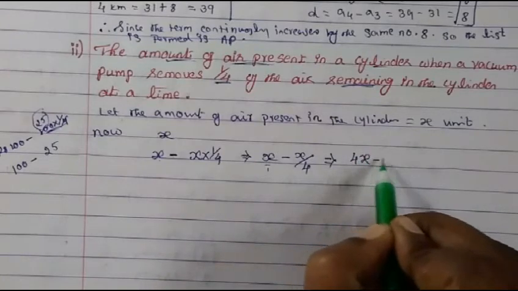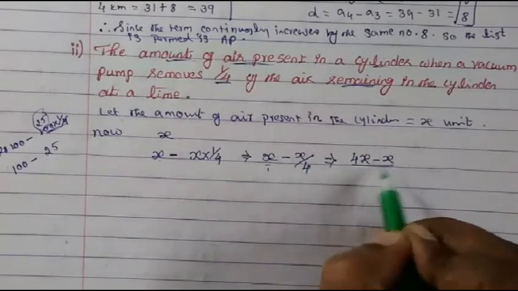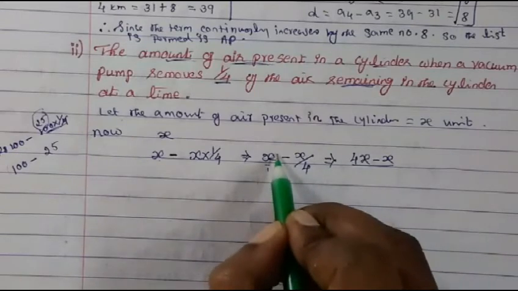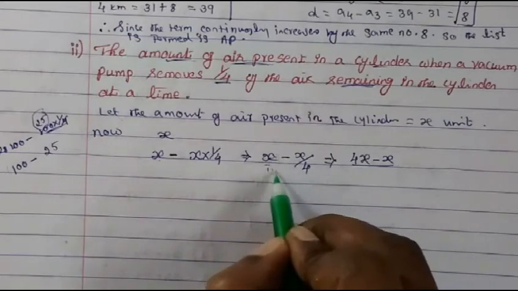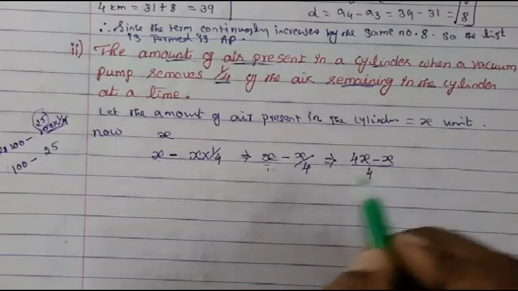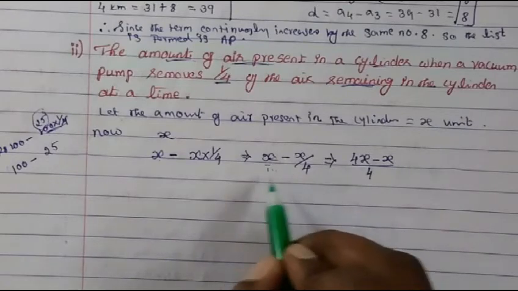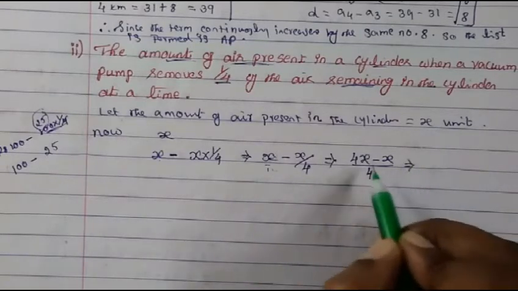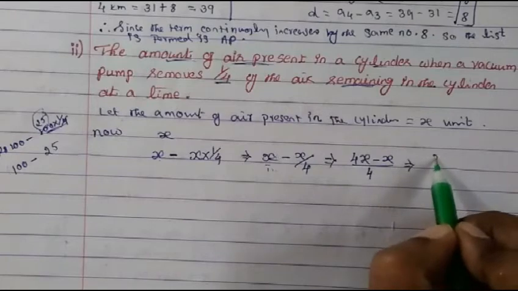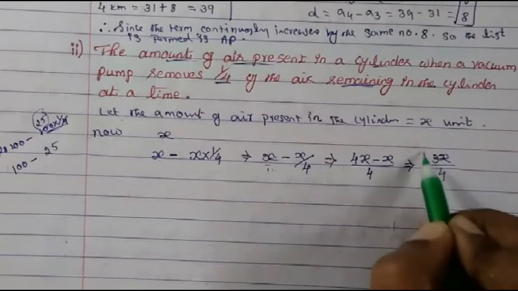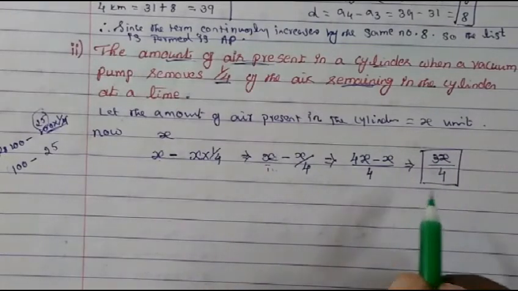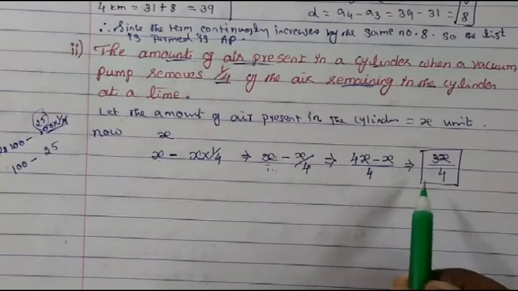So we will get 4x minus x, and the common denominator will be 4, because here also we multiply by 4. So now what will we get? 4x minus x will be 3x upon 4. So this is the second step.